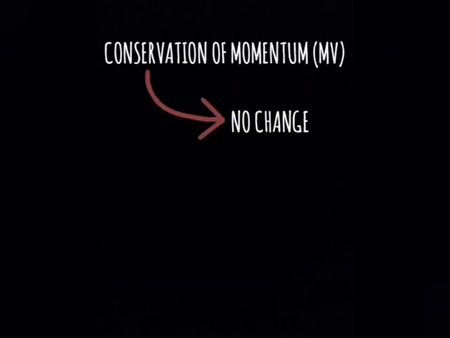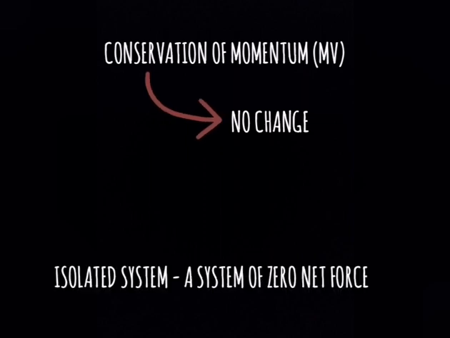So momentum can be conserved only in an isolated system. There is no change on that object, because we get the momentum of an object from the object itself. That's very important for you to know.